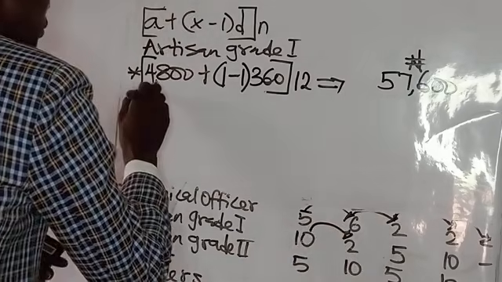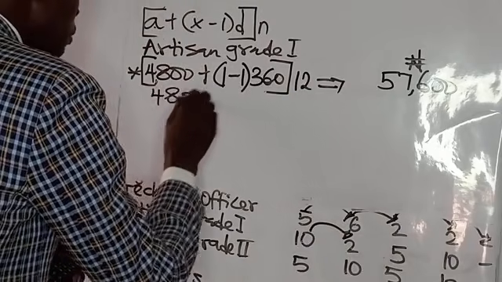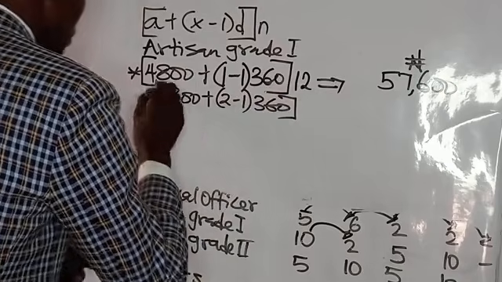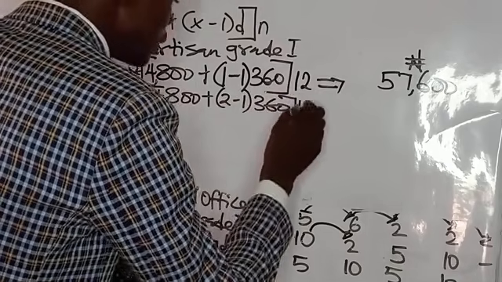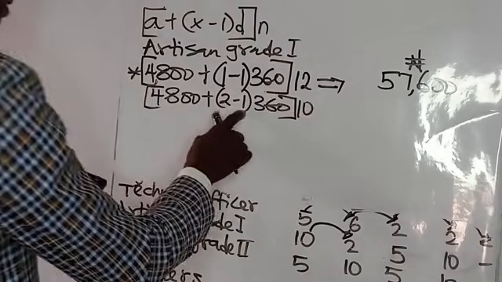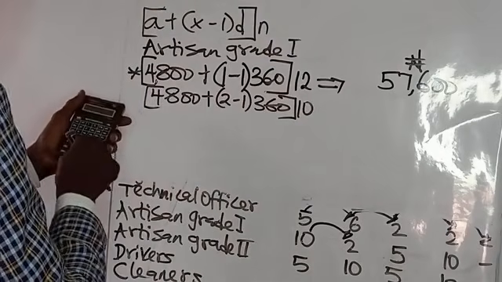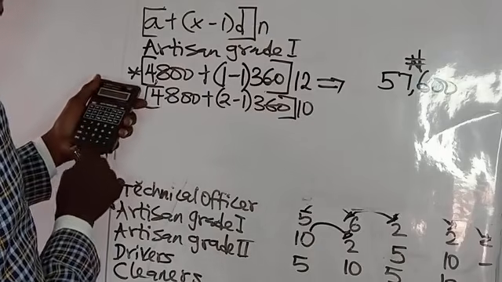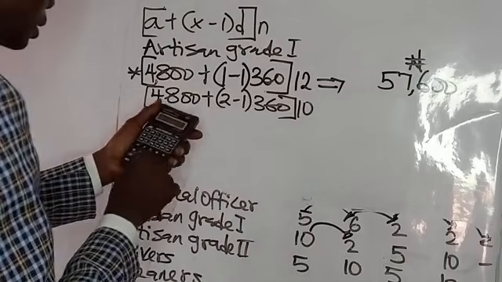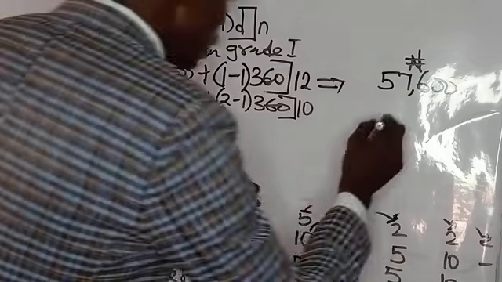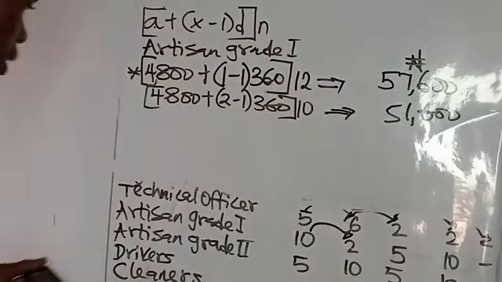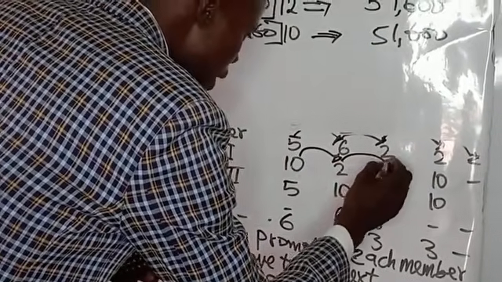So we have 4,800 plus 2 minus 1 into 360 multiplied by 10 employees. 2 minus 1, 1. 1 times 360, we have 360. 360 plus 4,800, we have 5,160 times 10. We have 51,600.